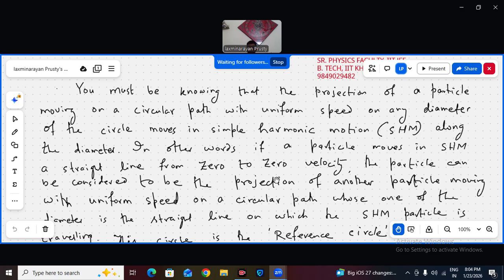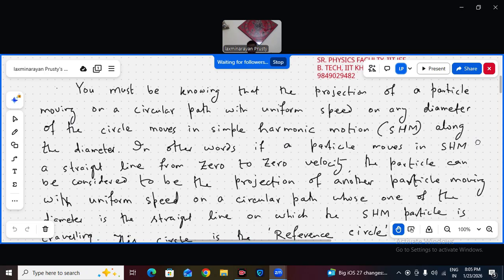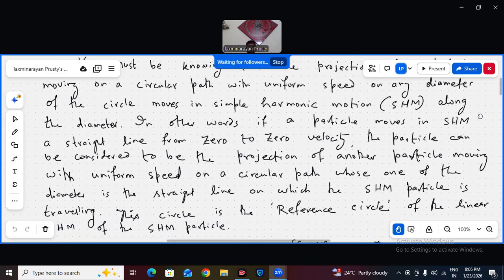If the particle moves in a circular path, its projection onto a diameter moves in SHM. Circular path means it should move in uniform circular motion. Remember this, speed must be constant.